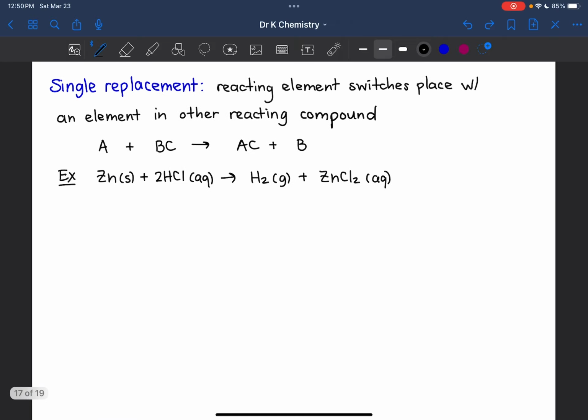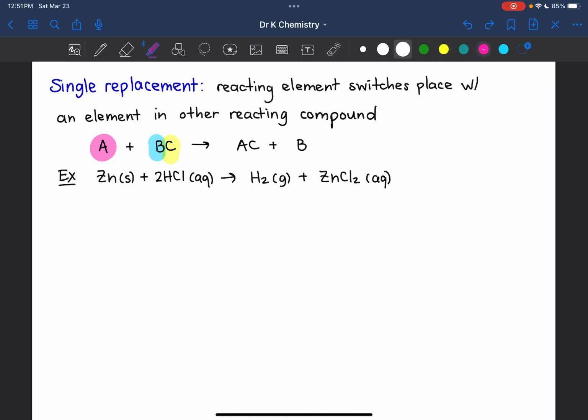There are a couple more reactions here. In a single replacement reaction, we're going to take a reacting element and it's going to switch places with another element in the other reacting compound. So we'll always have something that is off by itself, like A here. And then we'll have a compound that it's going to react with. So BC is a compound and A is just an element that is off by itself.